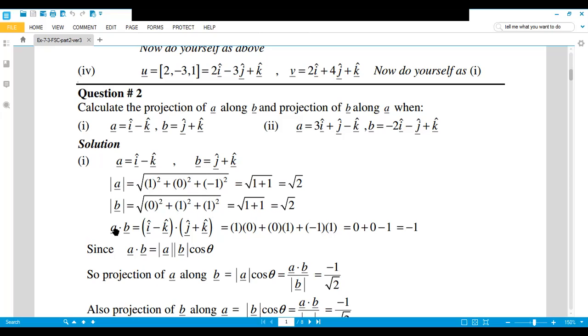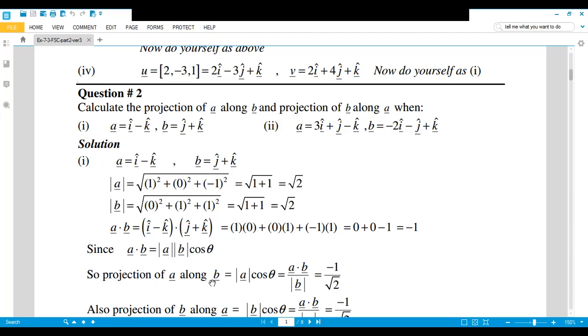Now we have to find A dot B. So the dot product of vectors A and B. i is not given here, so 1 into 0, and j is not given, 0 into 1, plus k is minus 1 into 1, so this will be 0, this will be 0, and minus 1, so we get minus 1.